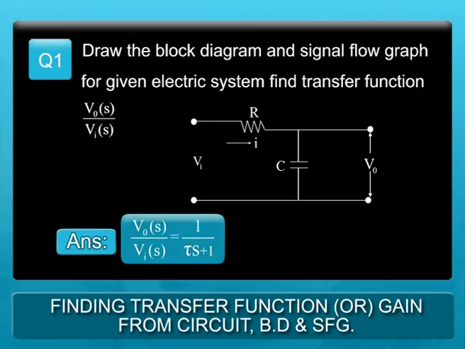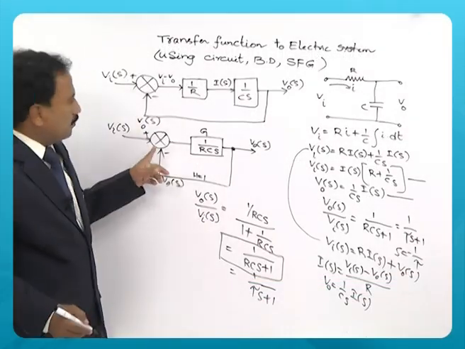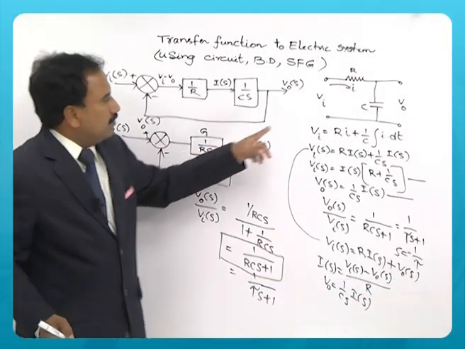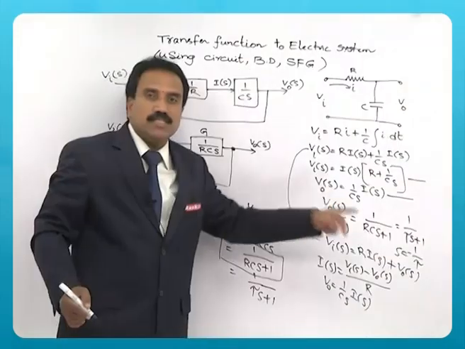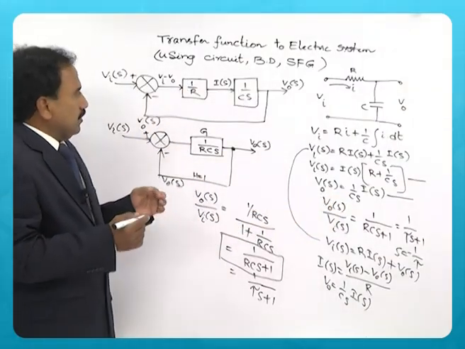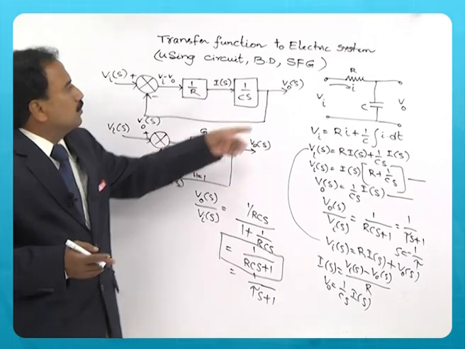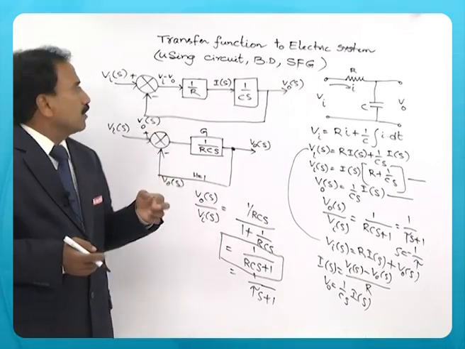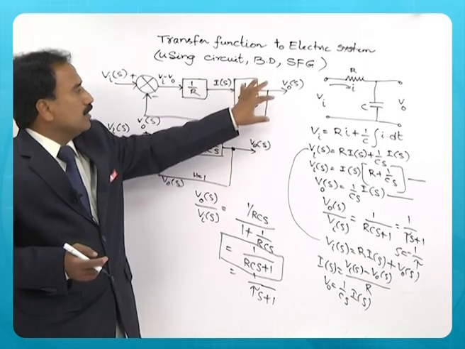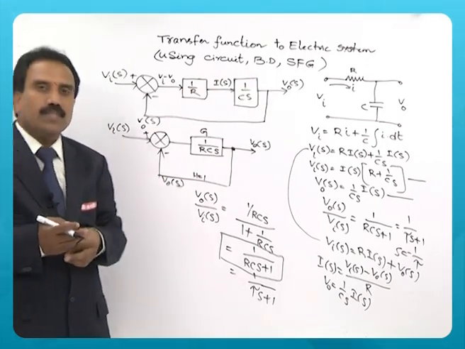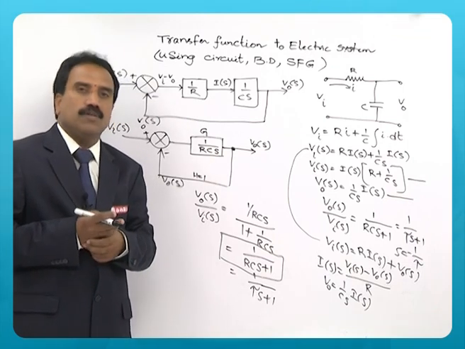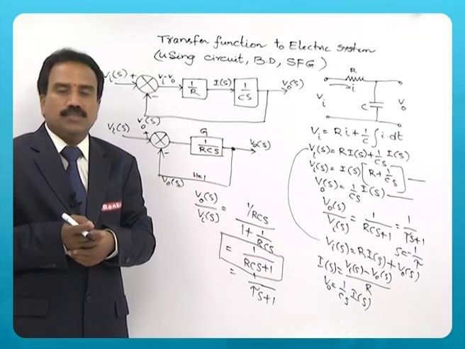This is the transfer function you got when block diagram is given, and when electrical circuit is given, you have got here the transfer function same. Now the other way is to draw the signal flow graph. Once the block diagram is drawn, you can actually get signal flow graph easily. Signal flow graph consists of only nodes and branches.